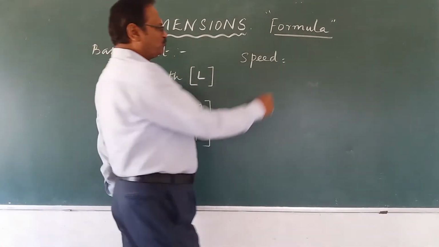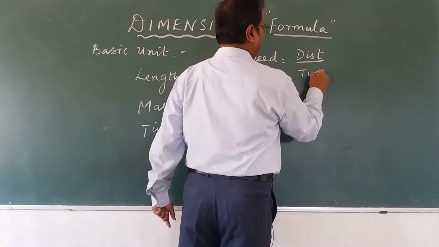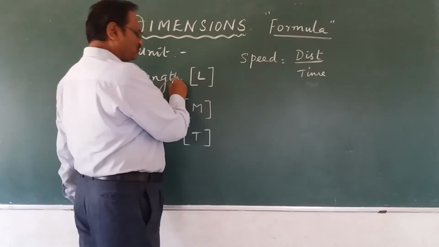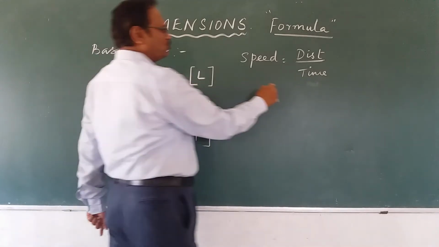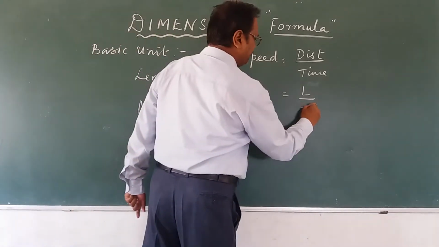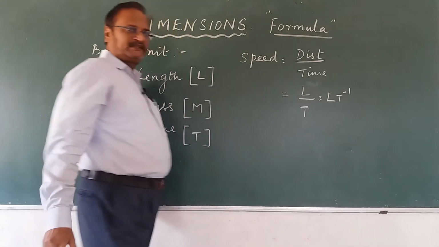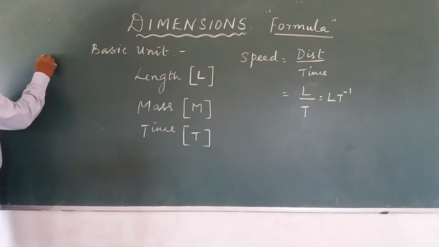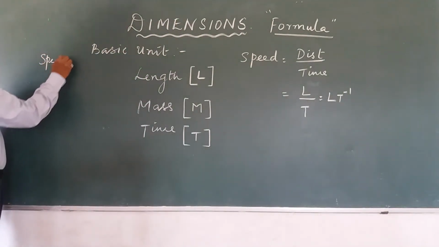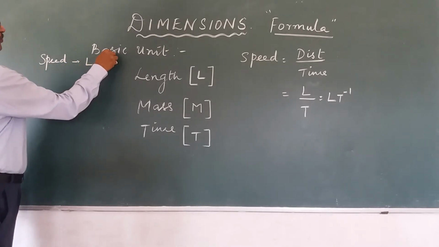Speed is equal to distance traveled upon time taken. Now distance is length, so you write L divided by time, T. This can be written as L T power minus 1. So the dimensional formula for speed is L T power minus 1.